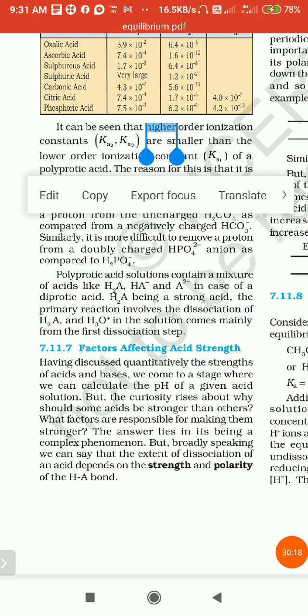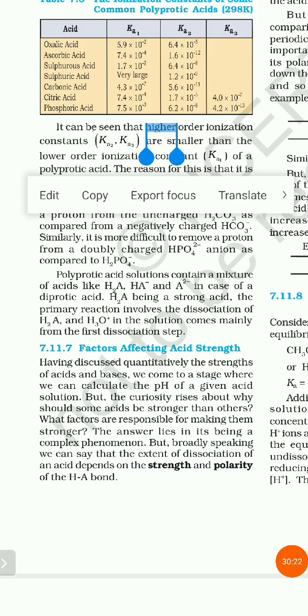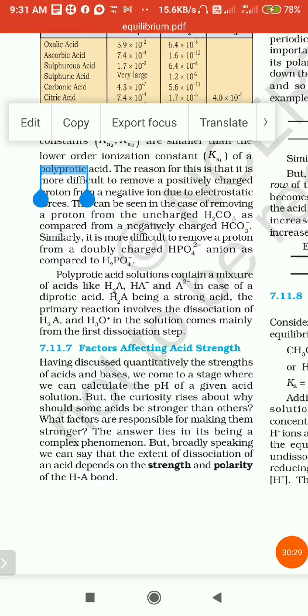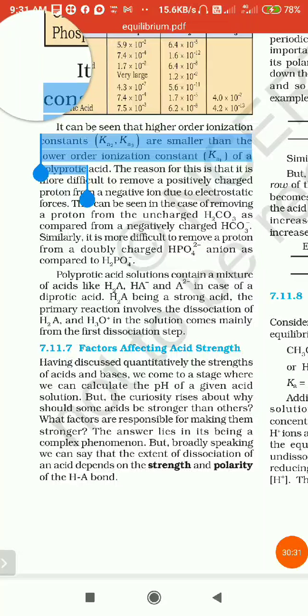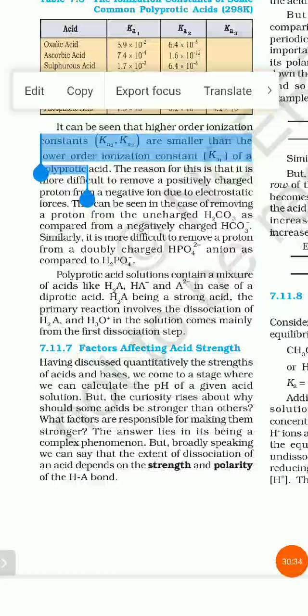Next point, see this one. Higher order ionization constants like Ka2 and Ka3 are smaller than the lower order ionization constant of a polyprotic acid. This you keep in mind. So the higher order ionization constants Ka2 and Ka3 are smaller than the lower order constant Ka1 of the polyprotic acid.